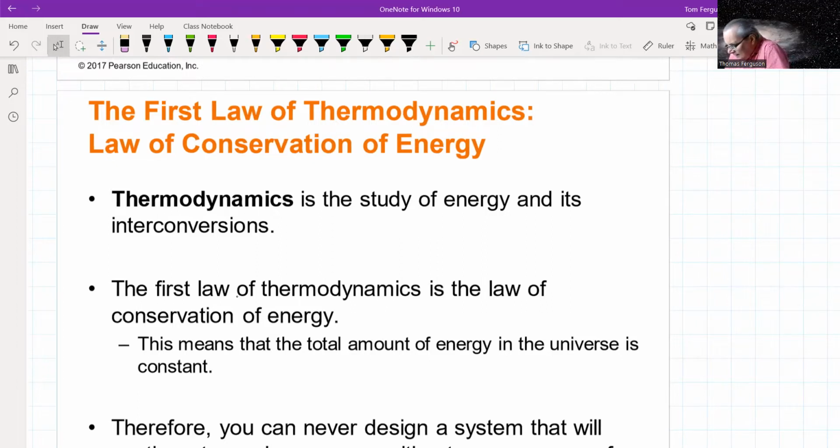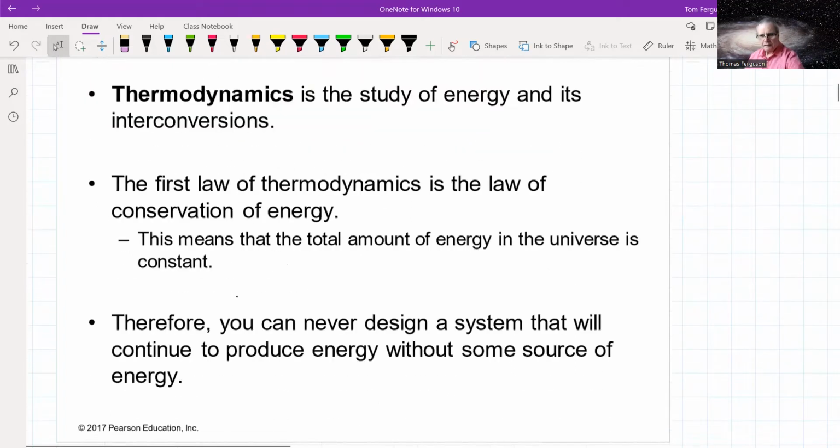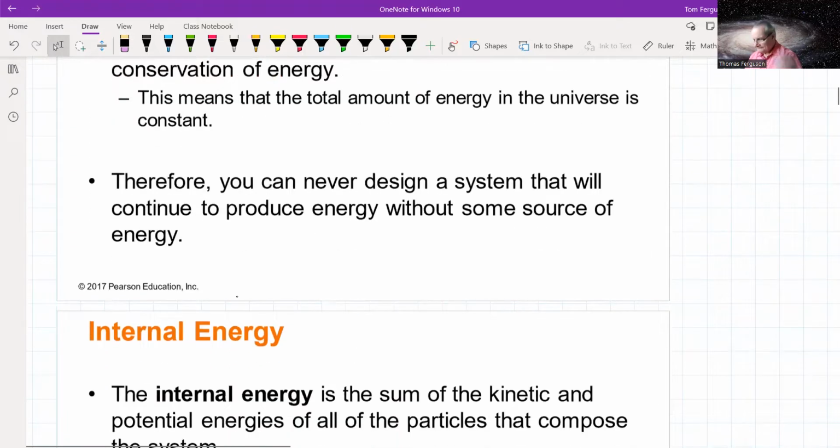First one is conservation of energy. That means the overall energy of the whole system doesn't change, which means we can't invent energy or find a source of energy. There has to be a give and take.